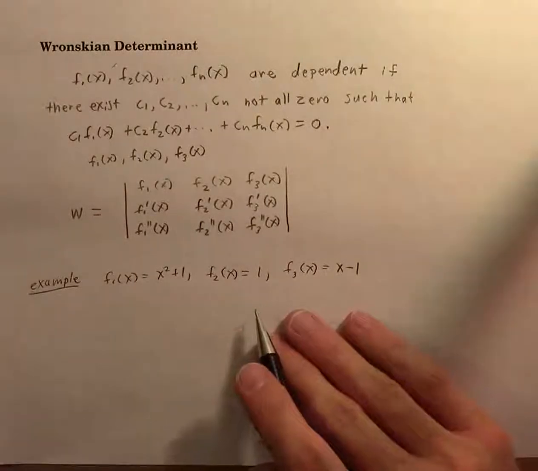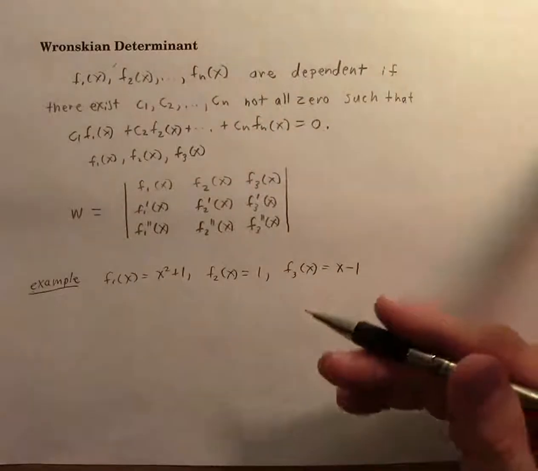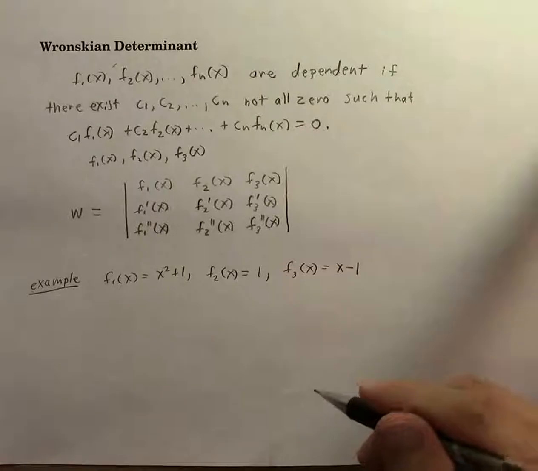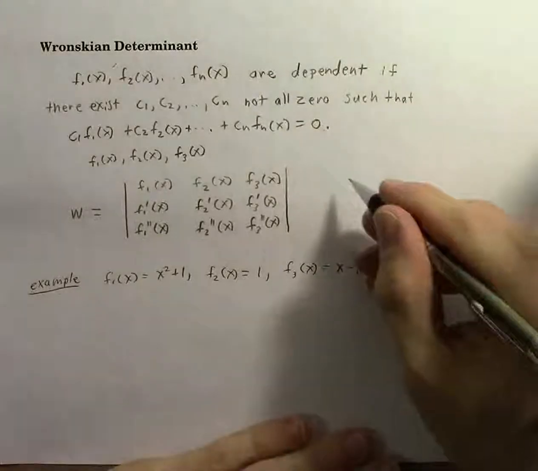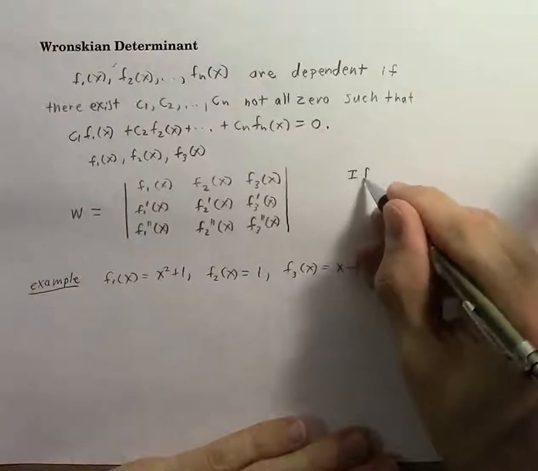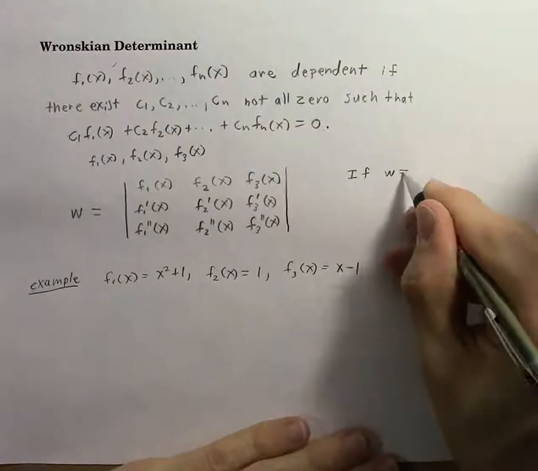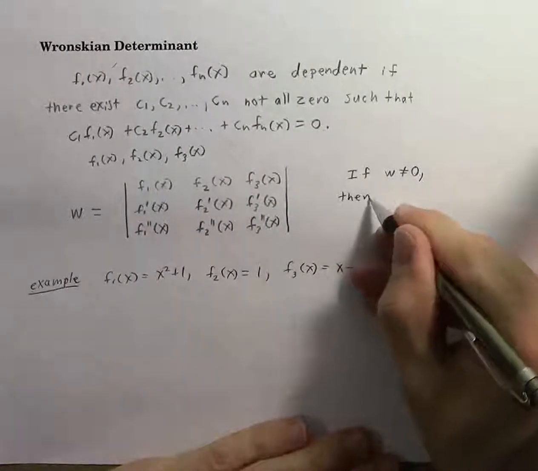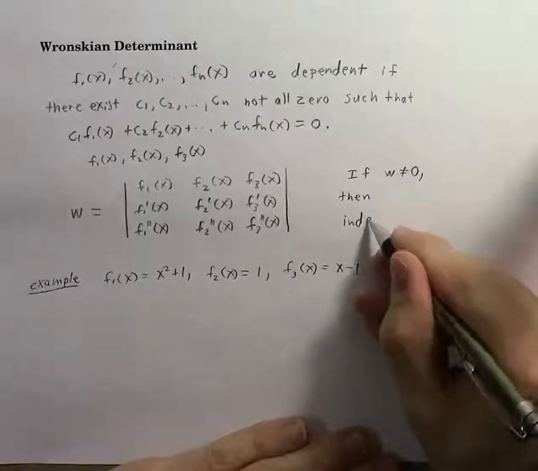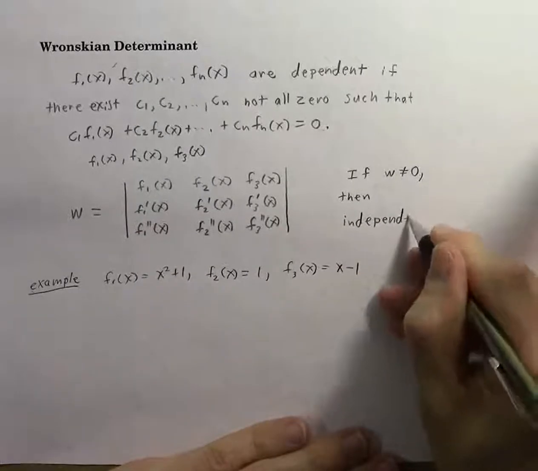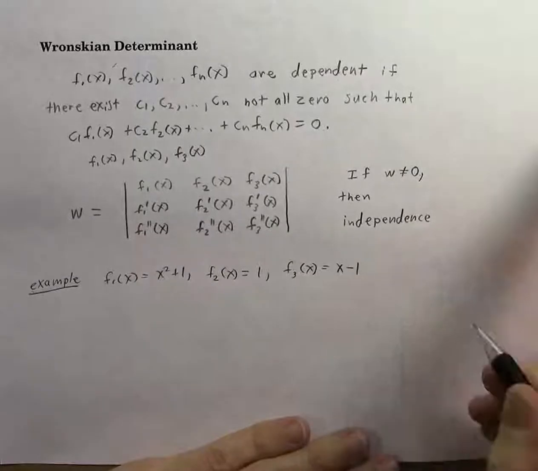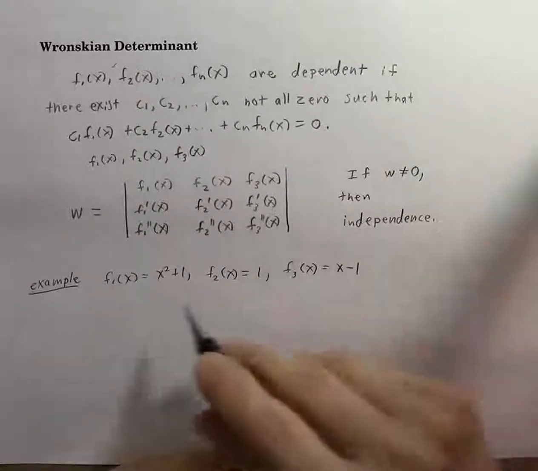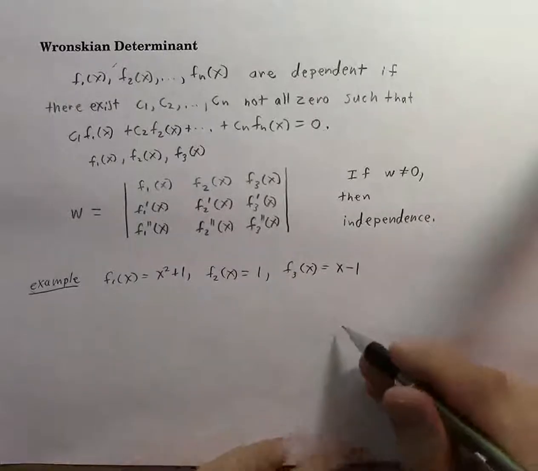Now we might be wondering, is that list an independent list? And the Wronskian will help us answer that question. It turns out that if the Wronskian is not equal to 0, then we have independence. So in some cases that gives a convenient test to test a list of functions for independence.